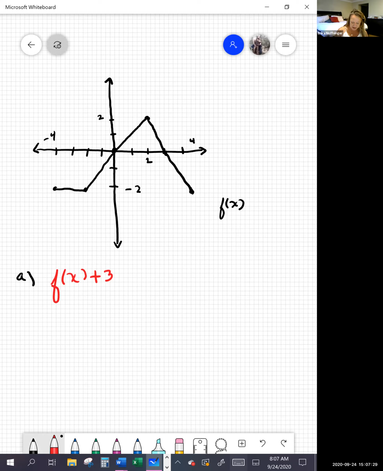So I know that for any point x, y on f of x, to get my new point, my x value is going to stay the same, but my y value, I'm going to add 3 to it.